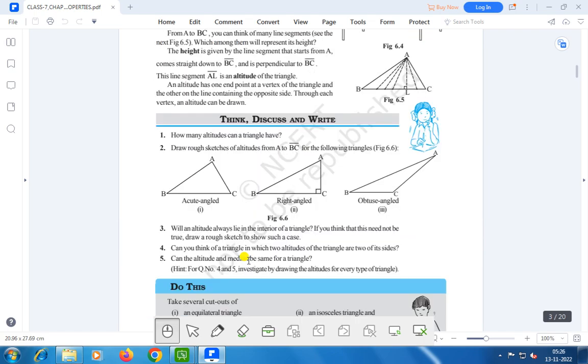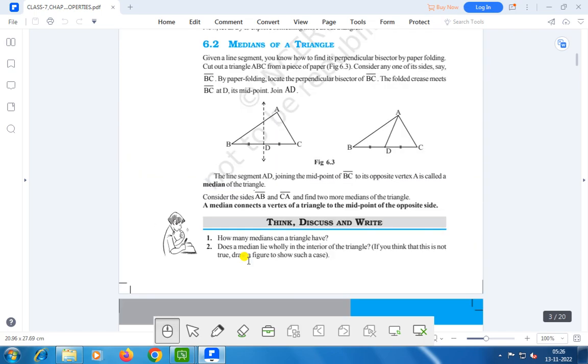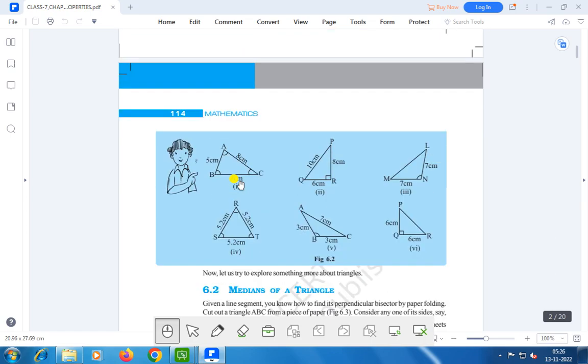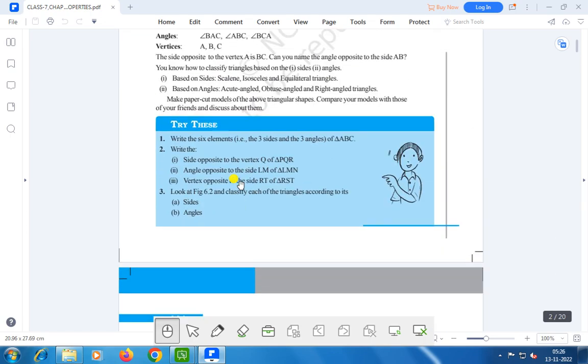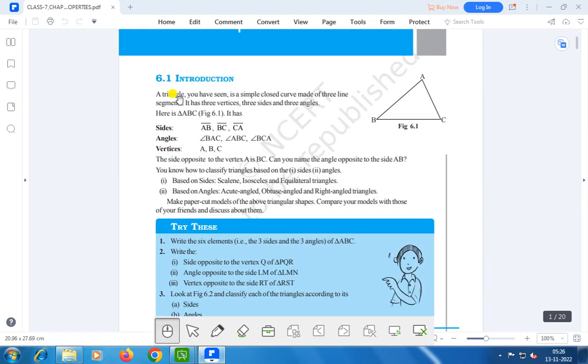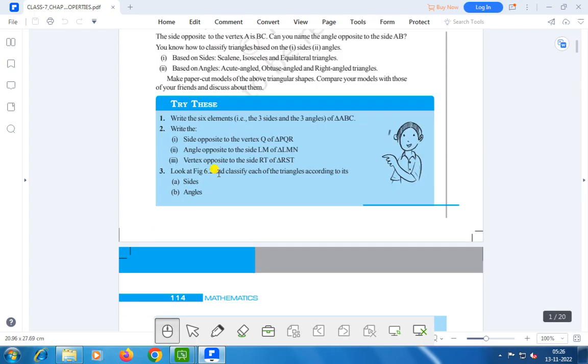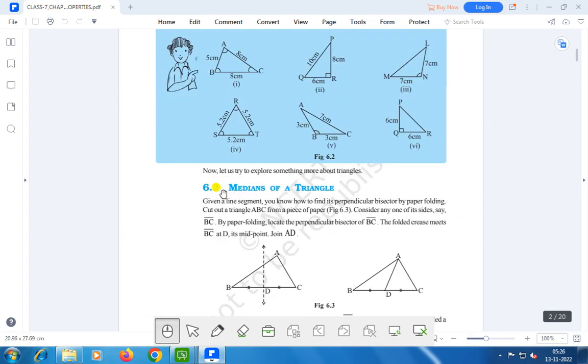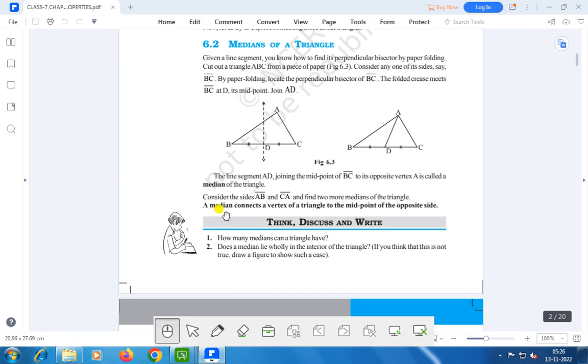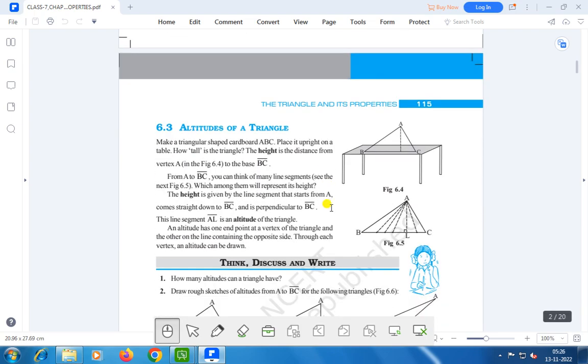That means here what you have discussed is two things. One is median. About triangles, a triangle has three sides, three angles and three vertices. And about median, what is that? A median connects a vertex of a triangle to the midpoint of the opposite side, right? And third is altitude. What is that altitude?